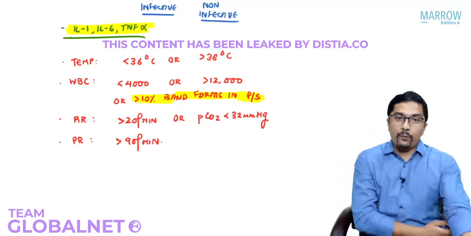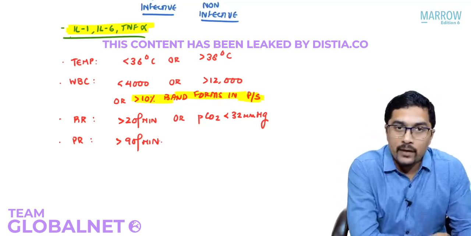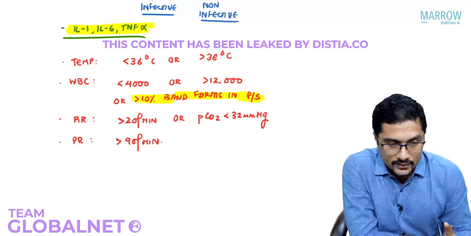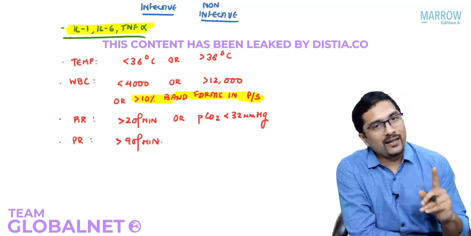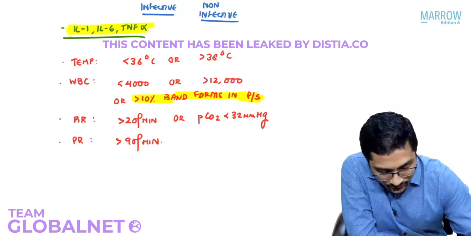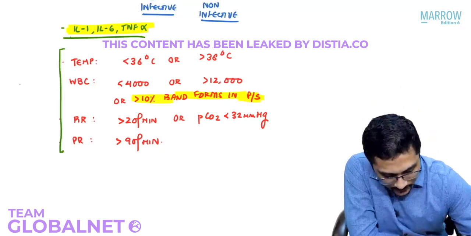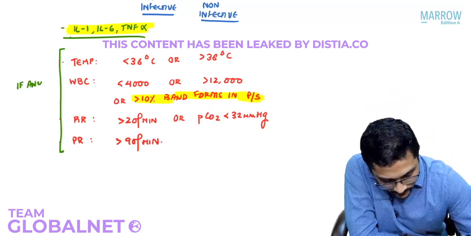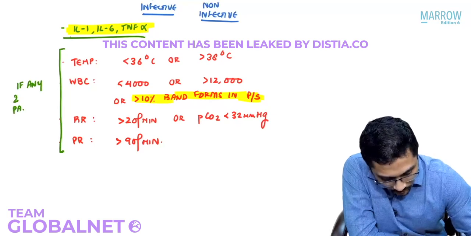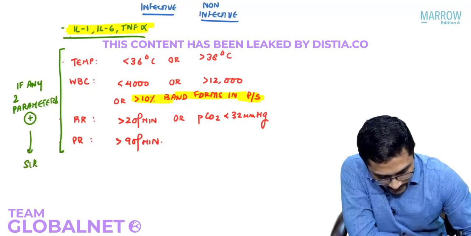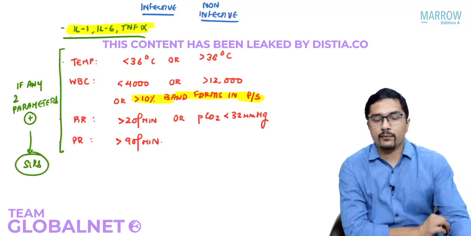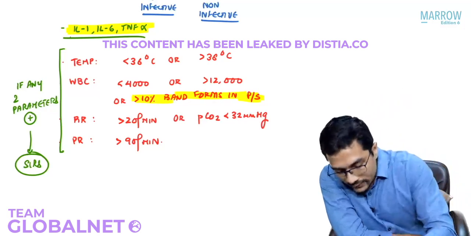So these are the 4 parameters which you need to remember regarding SIRS, and if any 2 parameters are met, then we say that the patient is having SIRS, systemic inflammatory response syndrome.